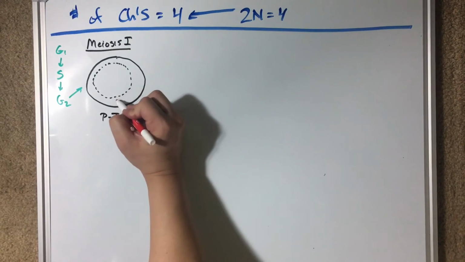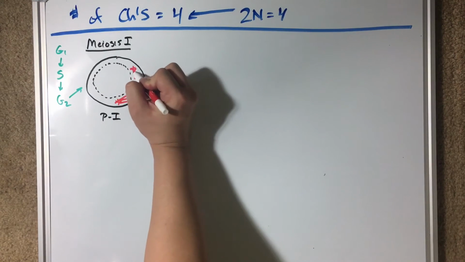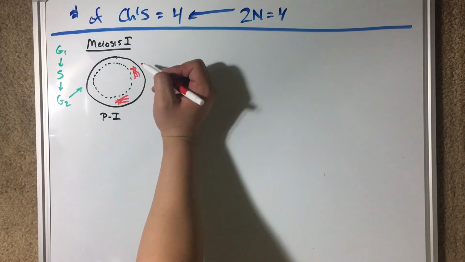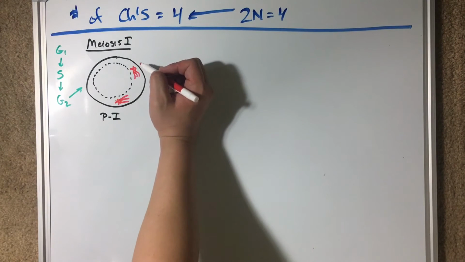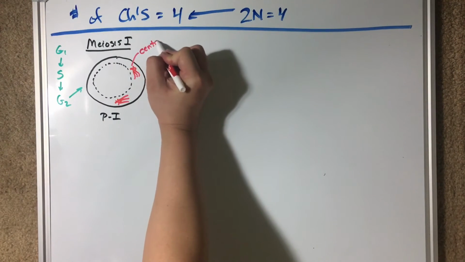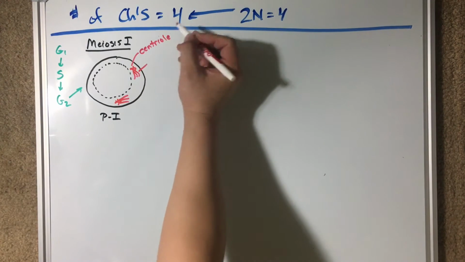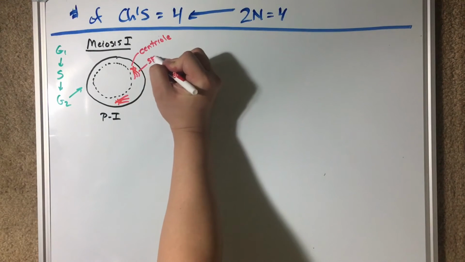We have our star-like structures and these little projections that are sticking out of it. They kind of look like a shooting star, and there's 2 of them. There's a pair of them. The star portion is called the centriole, and the tail portion with those little projections is called the spindle fiber.